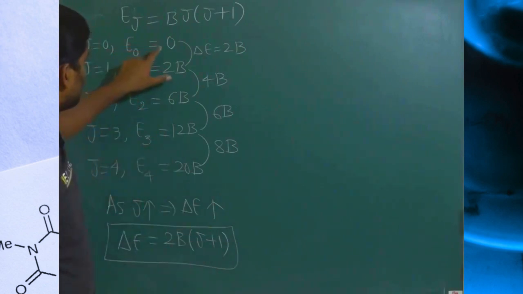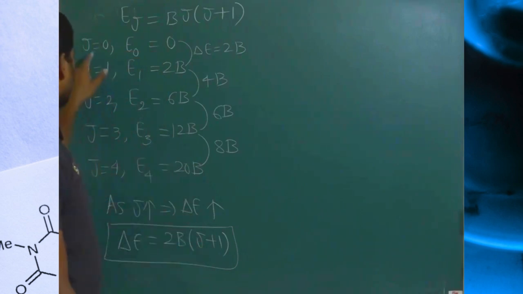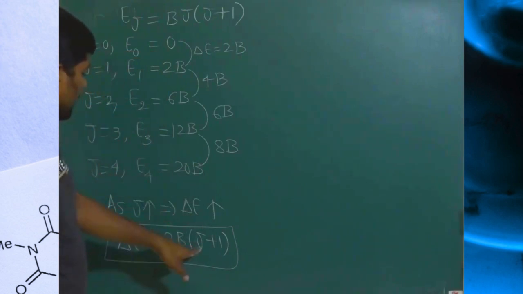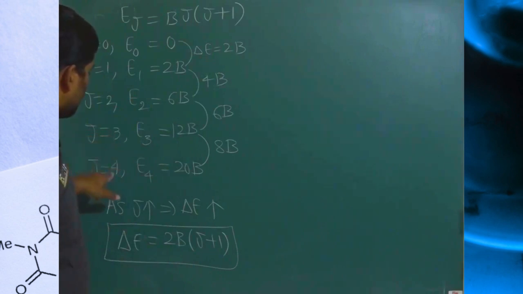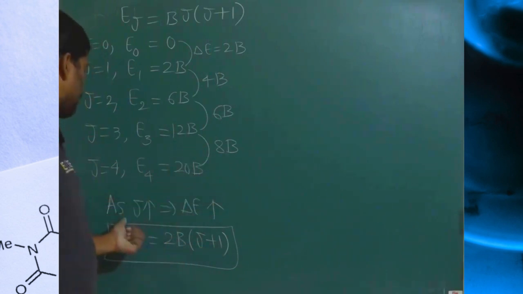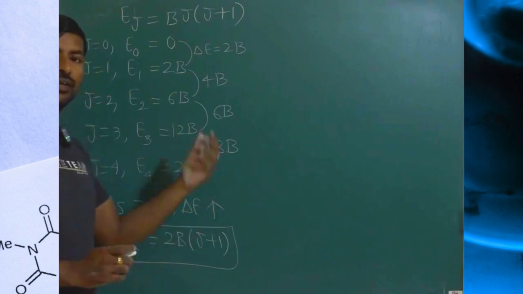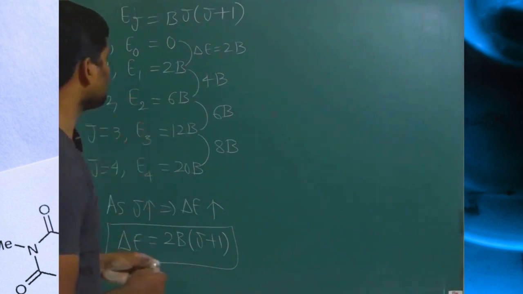For example, between the 0 and first levels, J is the lower rotational quantum number we have to substitute. J value 0, 0 plus 1, 1, 2B we are getting. If you calculate the gap between the third level and fourth level, we substitute the lower rotational quantum number, that is 3 plus 1, 4, 4 into 2B, 8B. So as J increases, the gap between successive energy levels increases. Delta E is equal to 2B into J plus 1.